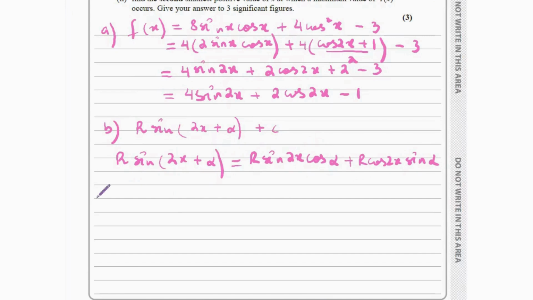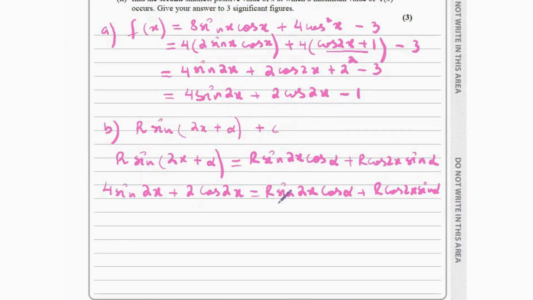Over here, what we have is 4 sine 2x plus 2 cos 2x. Just for this part, I'm not using the minus 1 right now. And that is equal to r sine 2x cos alpha plus r cos 2x sine alpha. Once again, I'm not using the plus c part right now.